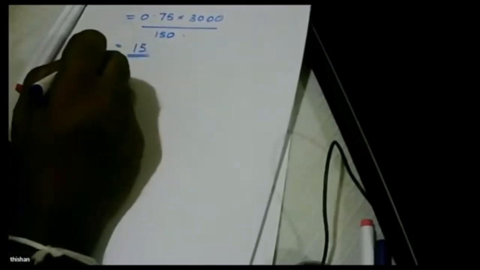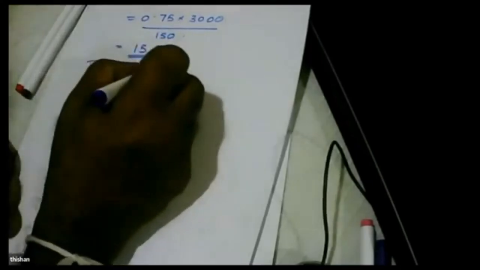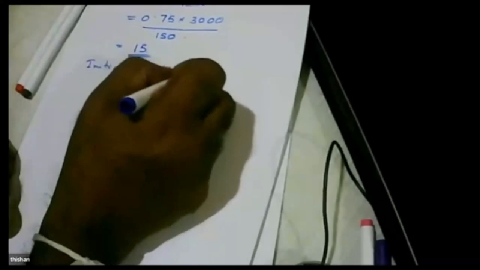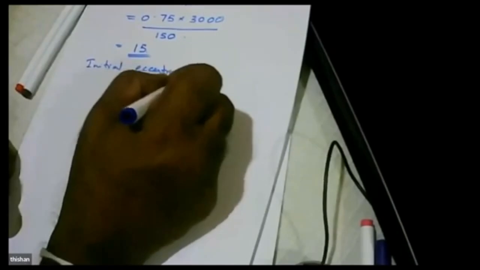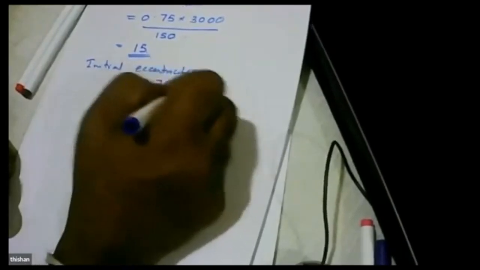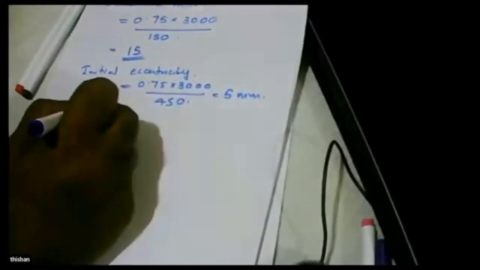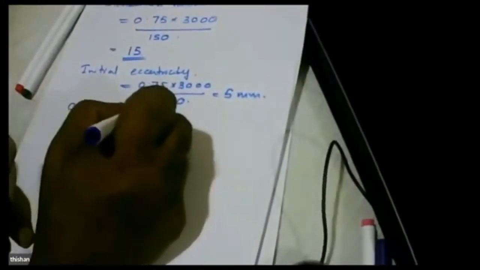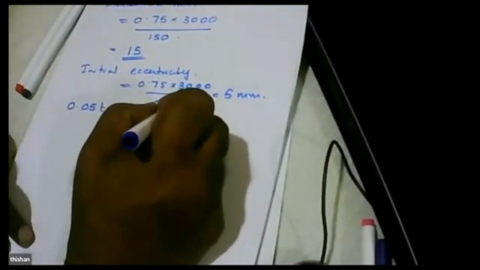Then also we have to see what is the initial eccentricity. And that is 0.75 into 3000, effective height, divided by 450. So it's 5 millimeters. And 0.05 T is equal to 0.05 into 150.